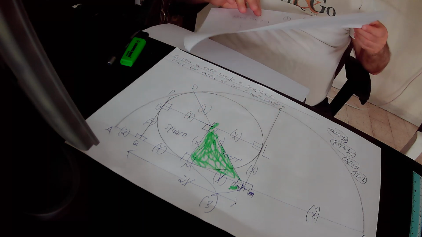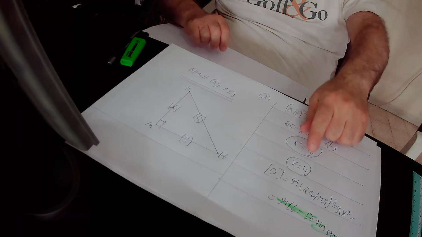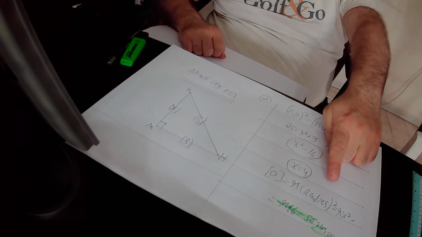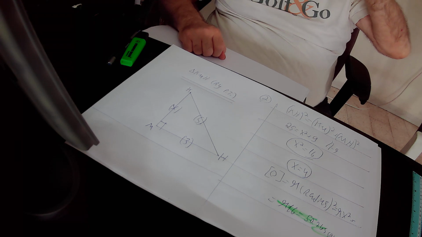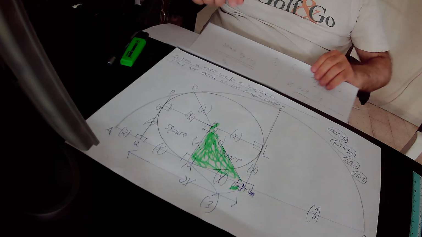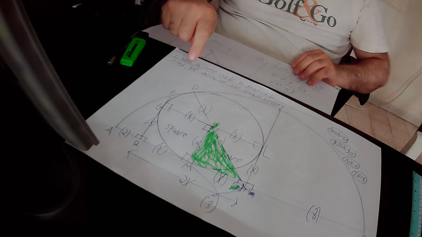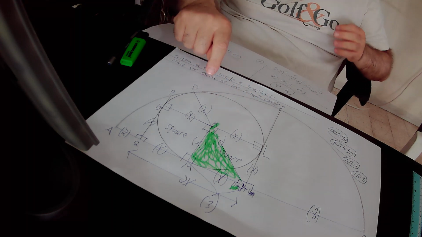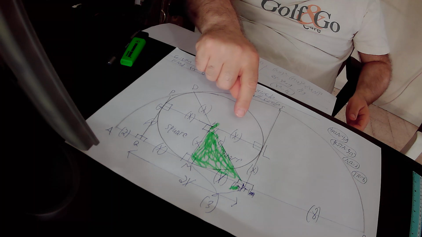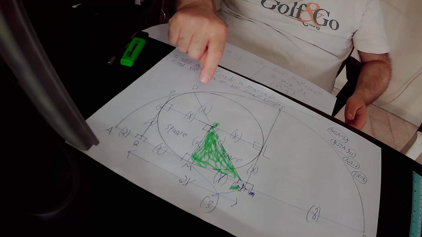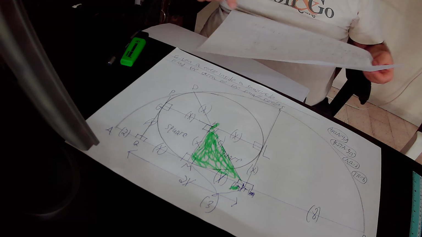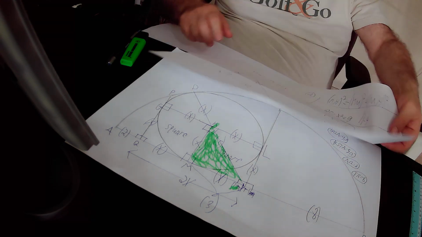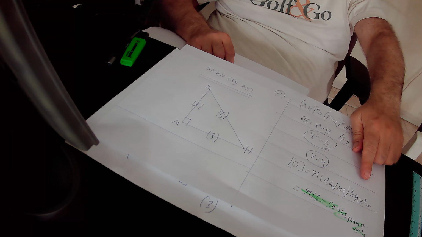We know that in general the area of any circle equals pi times the radius of the circle squared. Therefore, the area of this small circle equals pi times X squared.